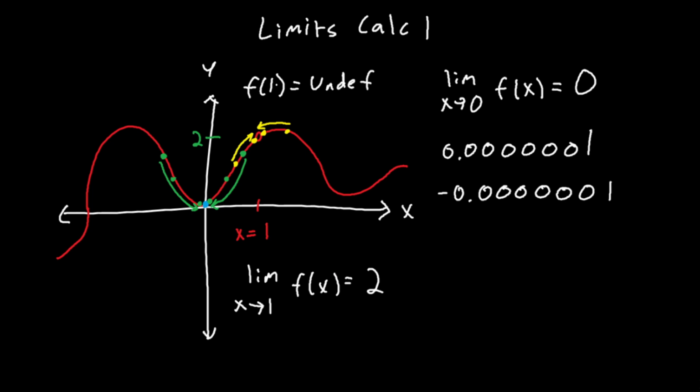But if you were to just plug in 1 directly, you would get an undefined value. So the limit can tell you at least the behavior of the function as it approaches that value, without actually plugging the 1 into the function. Rather, you take the limit.